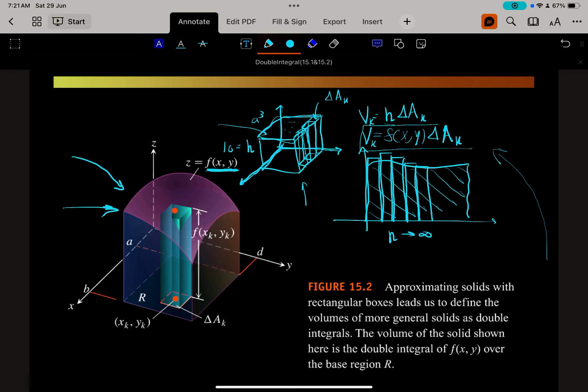Now this is basically the volume for one box, one of the approximating boxes.